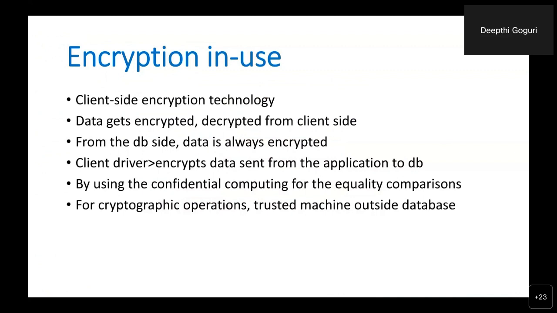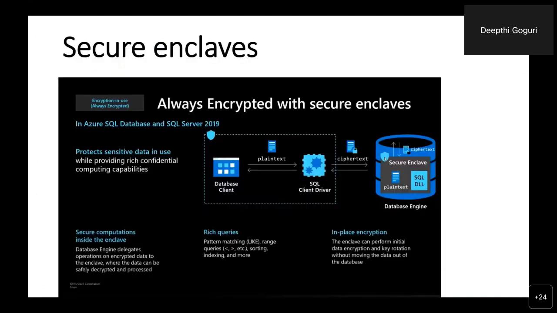Now the third one is interesting, which is encryption in use. You need to also make sure your data is being processed properly, and while being processed, your data is still being protected. So there is a technology known as Always Encrypted with secure enclaves. What you need to remember here is that between the database engine and the database client, you have a SQL driver, which is known as the SQL client driver.